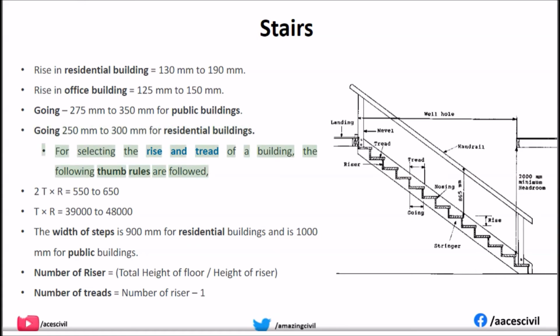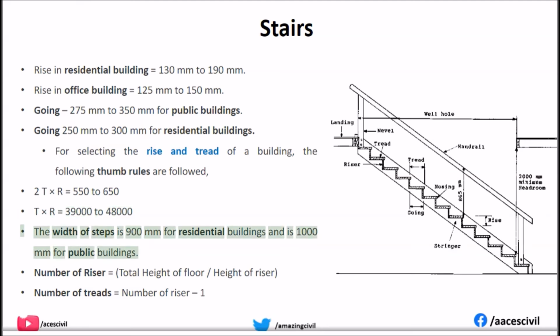For selecting the rise and tread of a building, the following thumb rules are followed. 2R plus T equals 550 to 650. T times R equals 39,000 to 48,000.